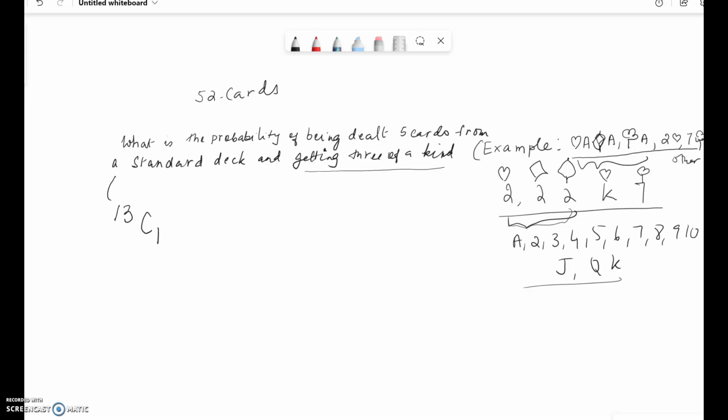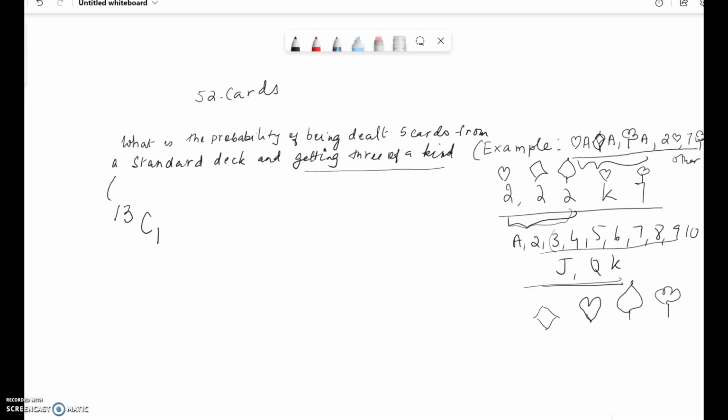Okay, once that is done, so we've picked one of these 13. Now it could be any one of the 13, but no matter what it is, there will be 4 possibilities. There'll be, for example, ace of diamonds, ace of hearts, ace of spades, and ace of clubs, right? Or it could be 2 of diamonds, 2 of hearts, 2 of clubs, and 2 of spades, right?